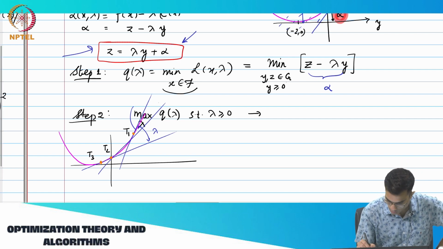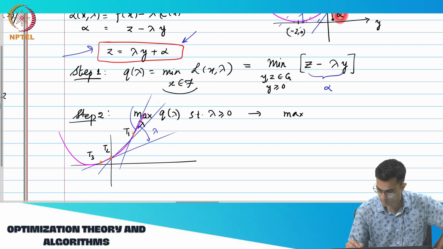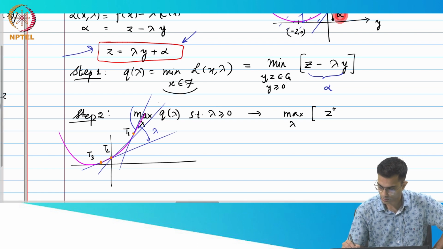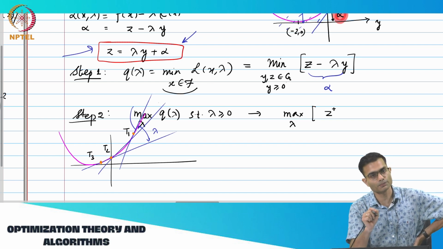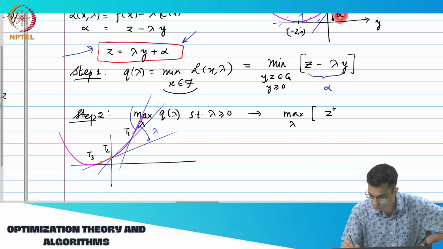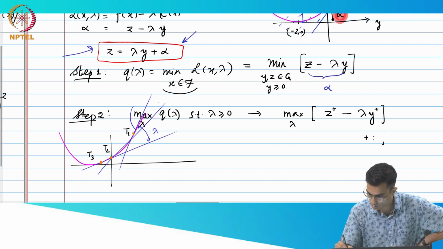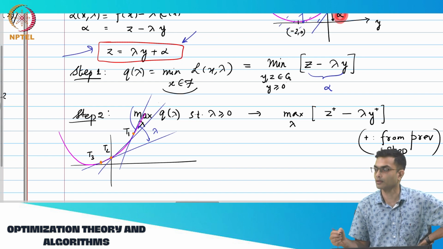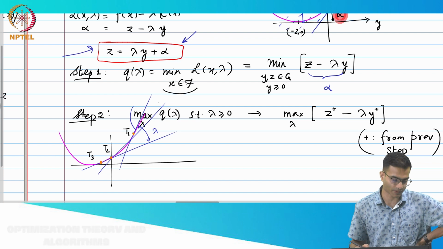So let's see what this says. So I want to maximize over lambda. I'm going to put a special symbol now on z, because these z and y are coming from the previous step, they are optimal in some sense. They are not any y and z, they are special y and z, y plus z plus, which have come from the previous step.